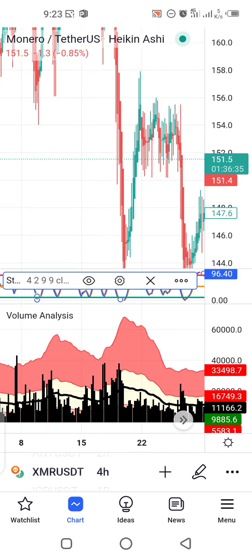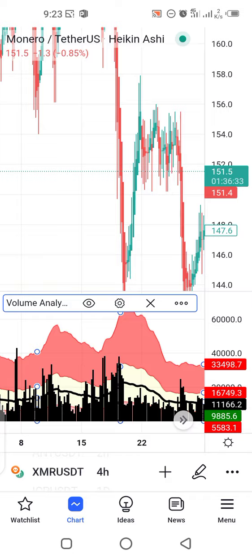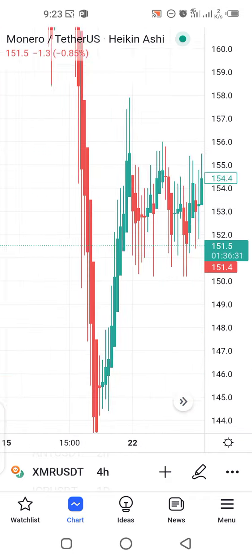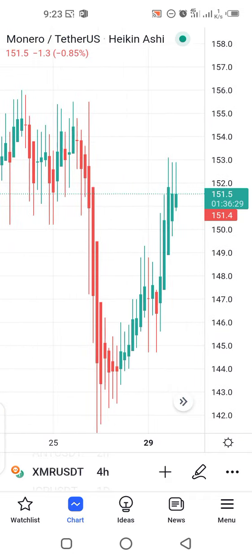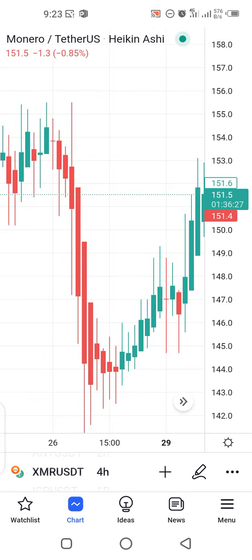Let me remove all the indicators, because we are going to apply these after everybody following these videos is able to identify a downward trend. As simple as that. There is no art, no physics, no chemistry here. You can see with your naked eyes that this was a downward trend. Identify where it started from and where it ended. Then you wait for a green candle.